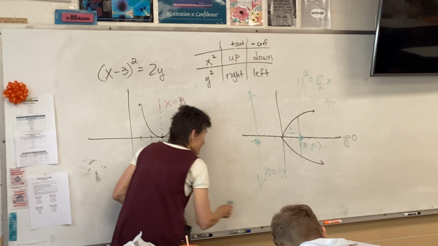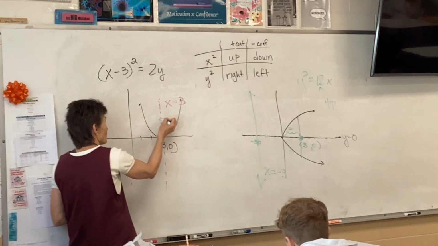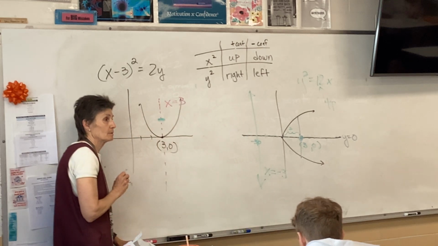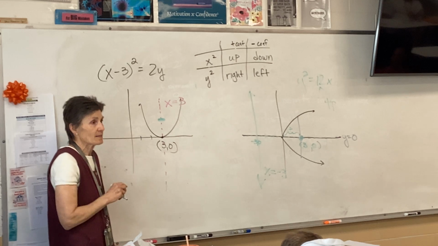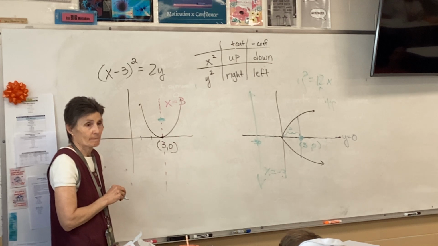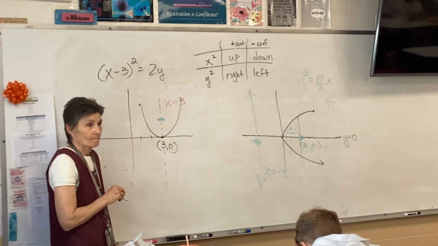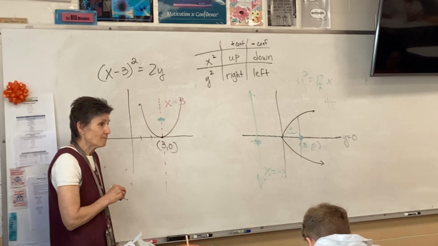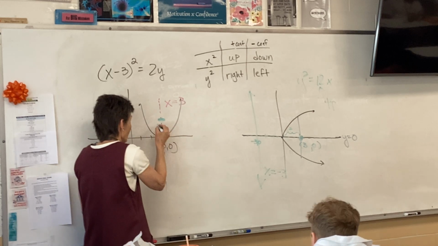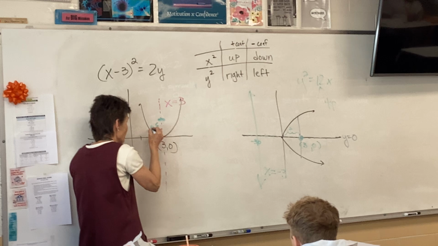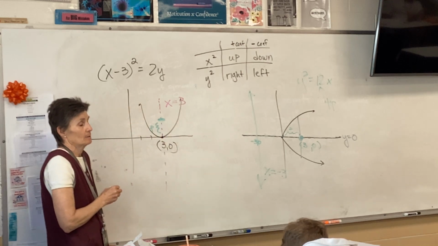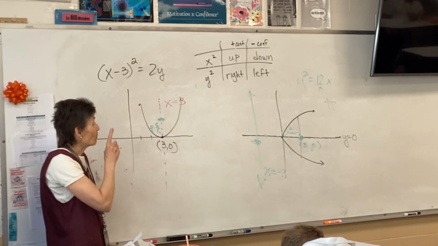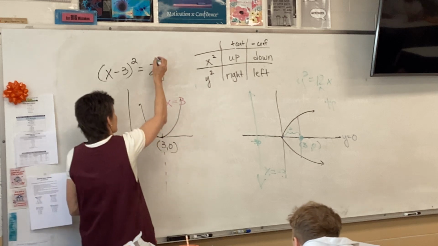Your focus is on there somewhere, always on the axis of symmetry. We need to figure out how far up we're going to go. That's P. What is P? So we go back to our equation and we look at this number right here.